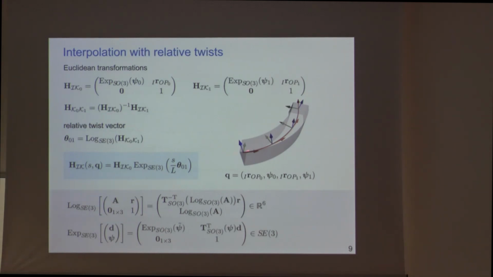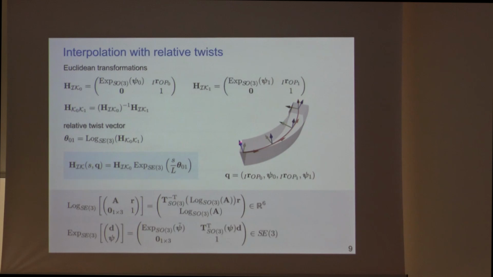So the interpolation is a two-node interpolation. We have as unknown the position of the center line here and the position of the center line in node 1. We know with the rotation vectors psi0 and psi1 the orientation here and there. So we can construct our Euclidean transformation matrices in point 0 and in point 1.